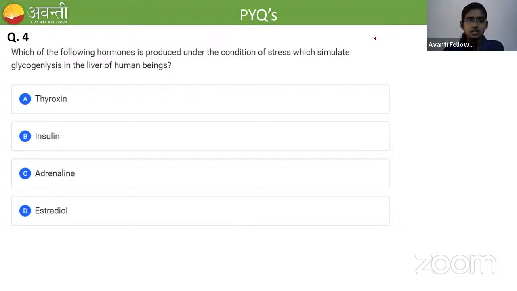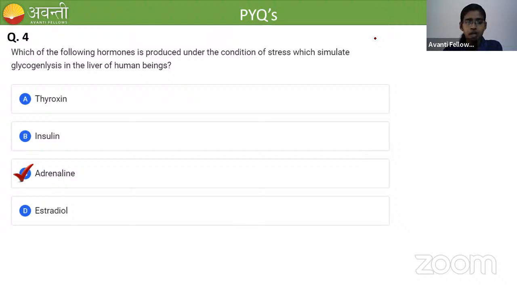Okay, the answer is adrenaline. It is a hormone which is produced under the condition of stress. Thyroxine is produced in the thyroid gland, which contains the iodinated derivative, and insulin is the hormone used for the blood glucose level in our body, and estradiol is a female secondary sex hormone.